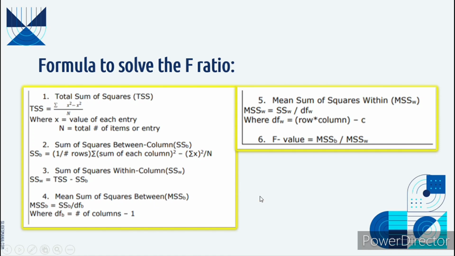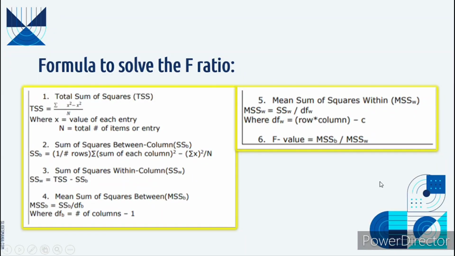And number 5 is the mean sum of squares within, MSSW, is equal to SSW all over DFW, where DFW is equal to row times column minus C. And lastly, F value is equal to MSSB all over MSSW. After which, malalaman na natin ang F ratio. Ang tinatawag nating ANOVA.